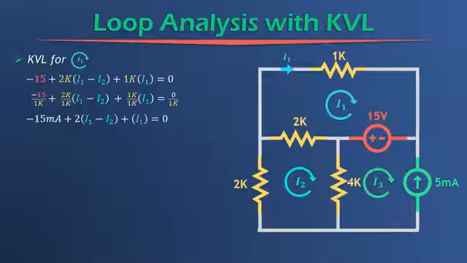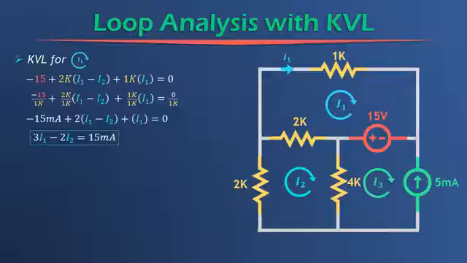Now, 2K and 1K are going to cancel to just a 2, and 1K and 1K are going to cancel to a 1. And of course, 0 divided by 1K is going to be 0. Alright, so now we can simplify this a little more and come across our final equation for the KVL for the loop I1.